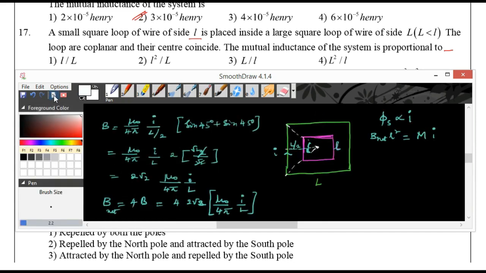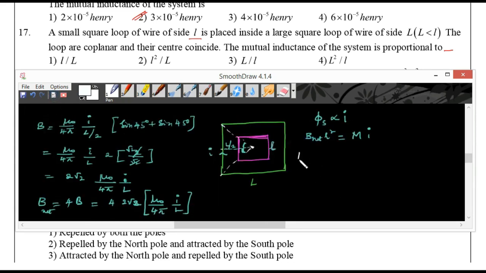What B net value is, we'll write the value of B net. Its value is mu naught by 4 pi I by L into 4 into 2 root 2. Okay, you can write 8 root 2 also. M into I. So this L square is there, no? So I'll write L square. Now this I and this I get cancelled.